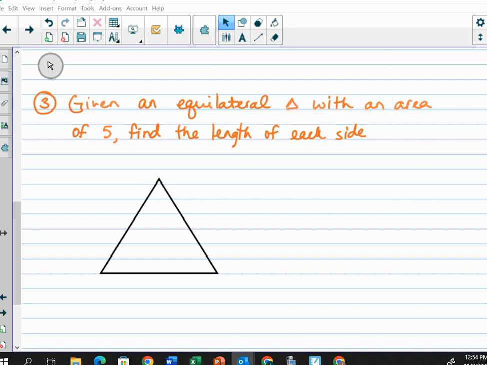This one's going to take you a minute to do. You end up with a radical in a radical is one way you can write it. There's a lot of ways you can write this answer.